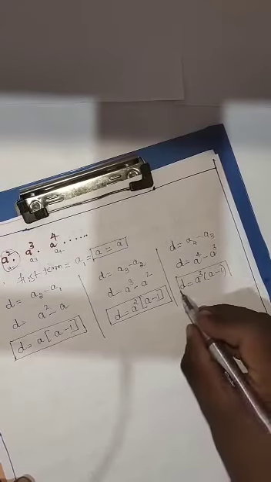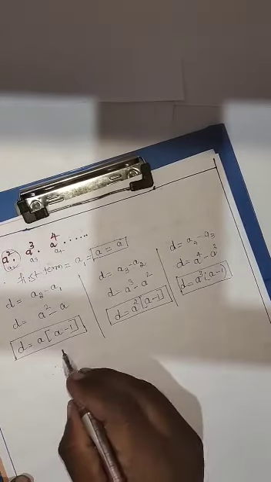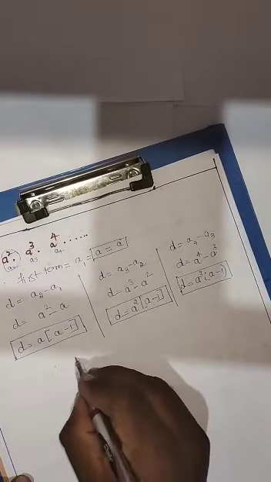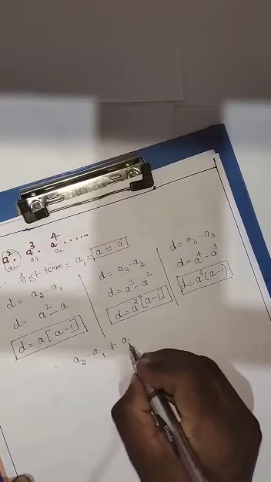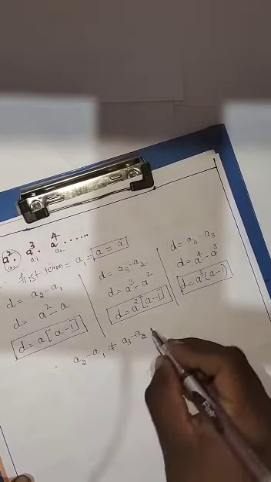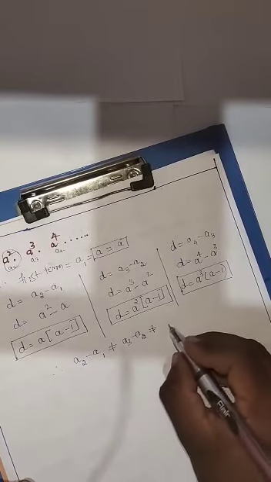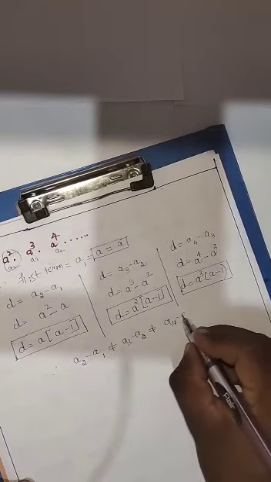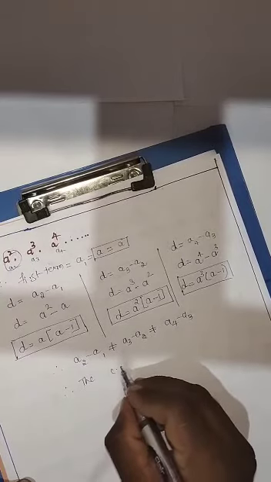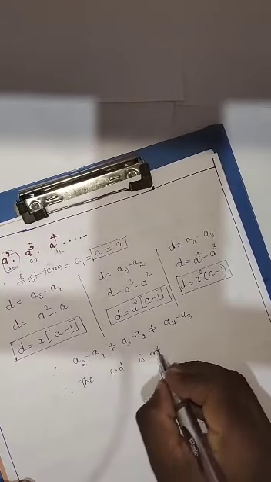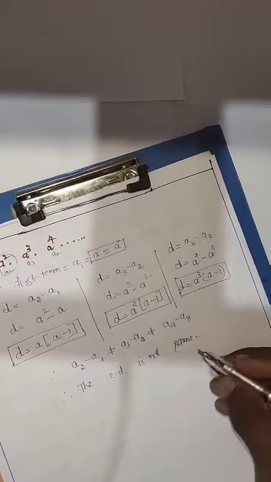Okay, it is clearly seen, children, that a2 minus a1 does not equal a3 minus a2, and also a3 minus a2 does not equal a4 minus a3. Therefore the common difference is not the same.